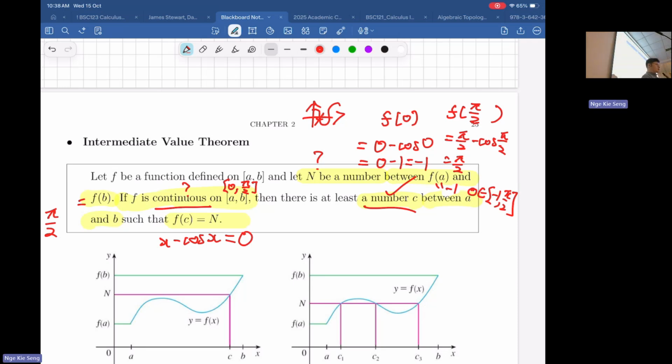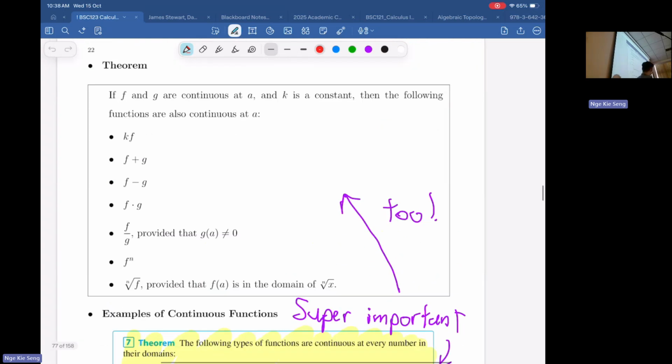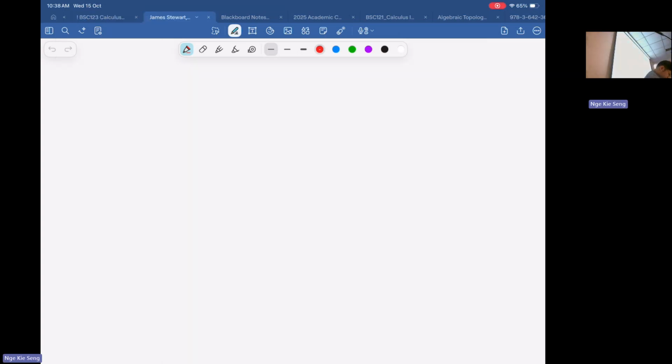What else? Quotient, product. So it's a very similar theorem you have here. This is also a very important theorem. Once you know two functions are continuous, you can combine them in this way and they're still continuous. So please keep these in mind.